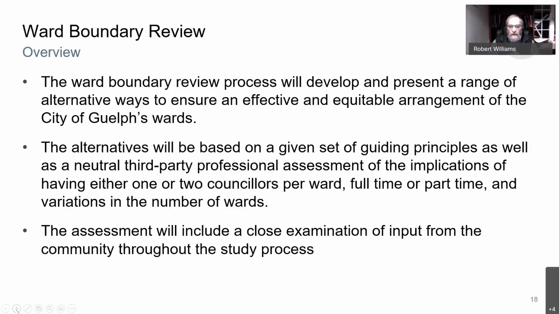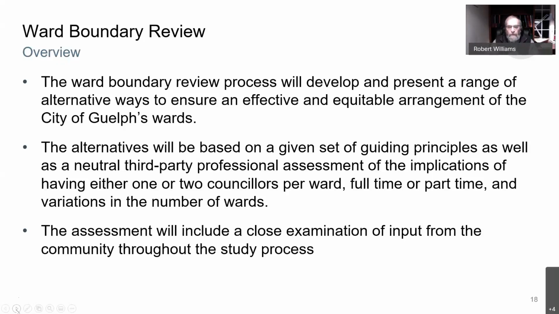Those are the things that we consider in developing alternatives, as well as what we're describing here as neutral third-party professional assessment. That's what David and I will bring to this. The implications of either having 1 or 2 councillors per ward, having full-time or part-time councillors, and also variations in the number of wards. The principles help us.